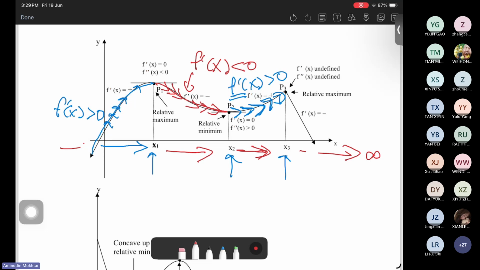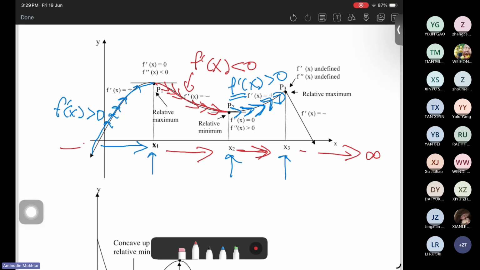Okay, at x1, in other words, when x moves to x1 and then to after x1, we can conclude the slope of the tangent line is positive before x1.